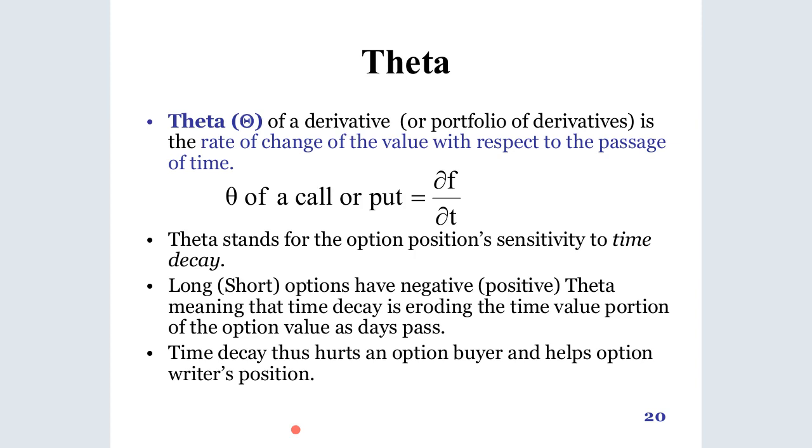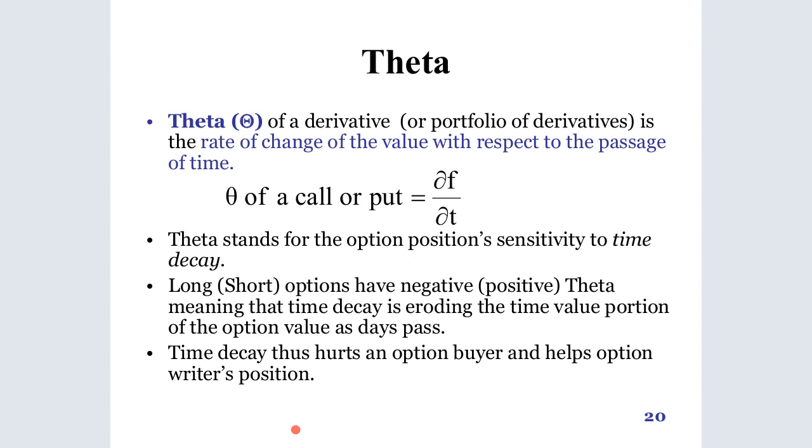Now, theta therefore stands for the option position's sensitivity to time decay. What does it mean? Long options have negative theta, meaning the time decay is eroding the time value portion of the option as the days pass. And therefore, time decay hurts an option buyer and helps an option writer's position.